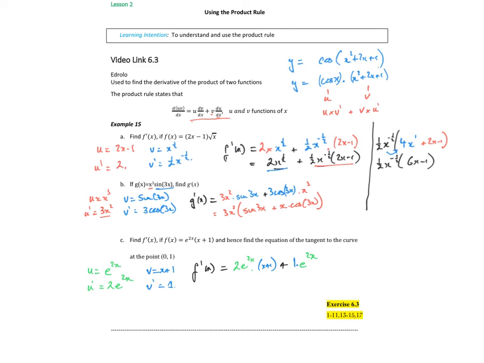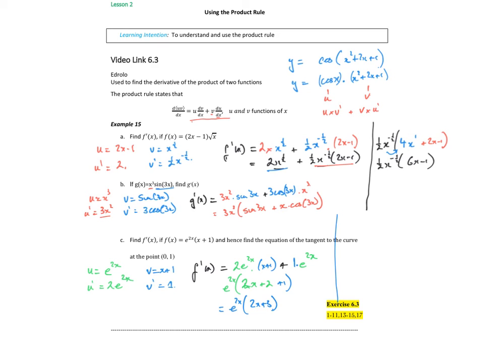Again, we might take e to the 2x out the front. And that gives me what? I'll multiply the 2 in. That gives me 2x plus 2, plus the 1 left over, which is equal to e to the 2x times 2x plus 3. So there's my derivative. That's the first part.